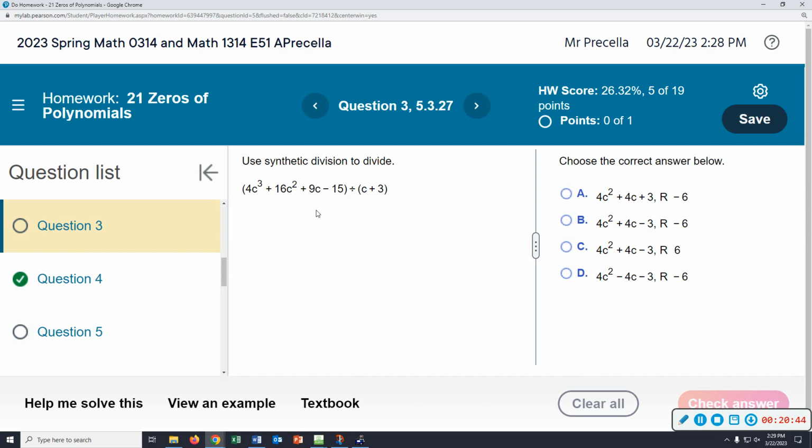4c cubed plus 16c squared plus 9c minus 15, divided by c plus 3.